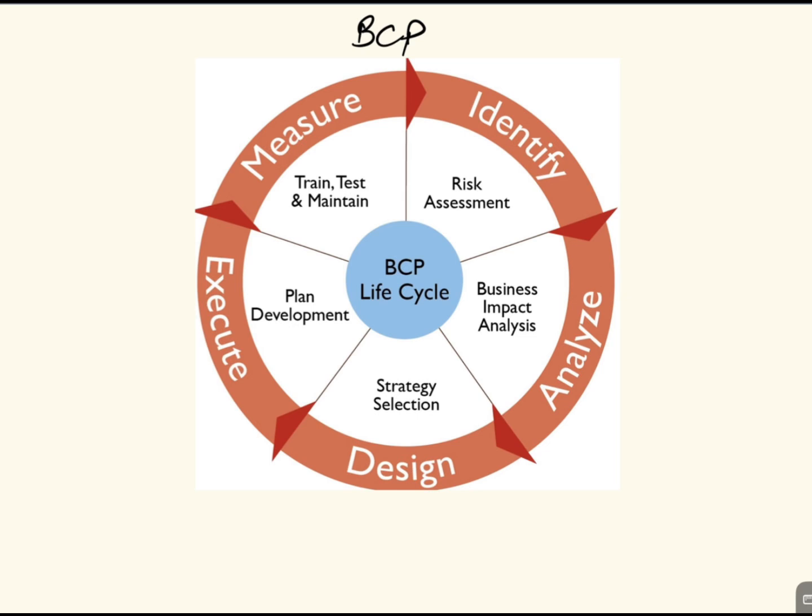In this image you can see multiple phases. The first one is identify. Here the goal is to identify threats and risks. What can go wrong? So we do risk assessment. But one thing we need to keep in mind: identify assets at a high level, not critical yet.